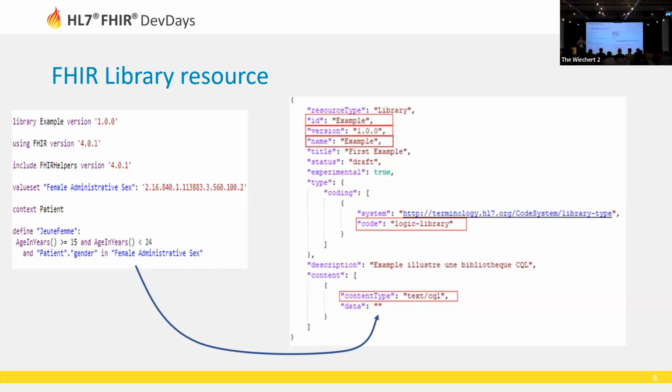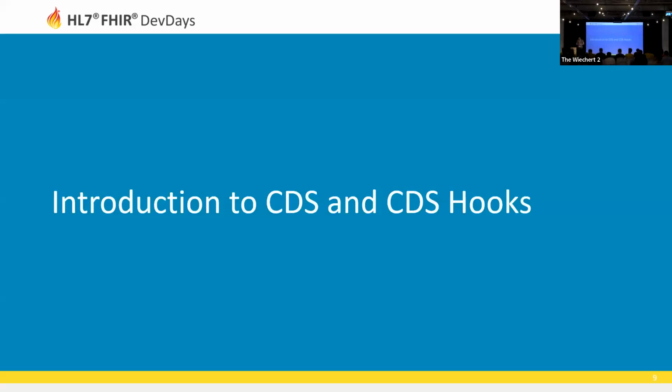We were editing these files, and then we could dynamically change them, so we stored it as raw content in the library resource. So here it is for CQL, and now I'm going to talk more about CDS and CDS Hooks.